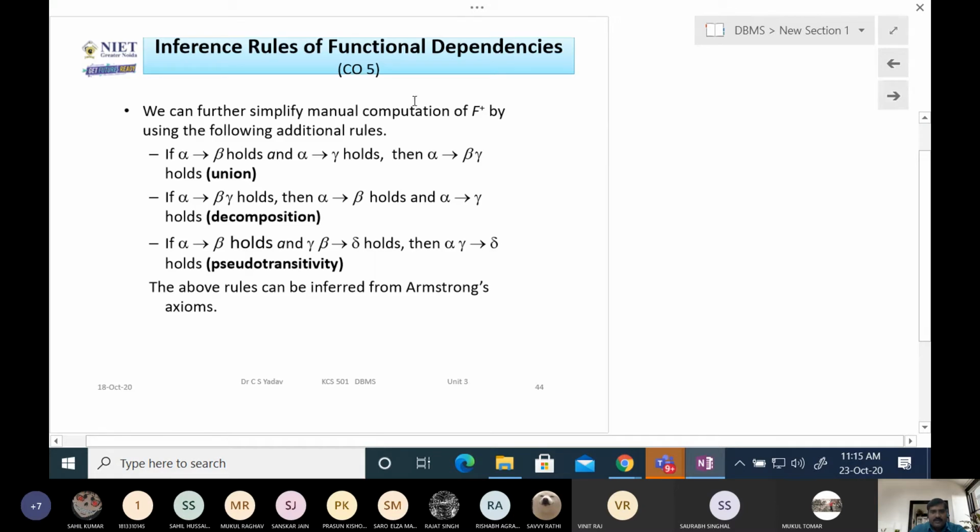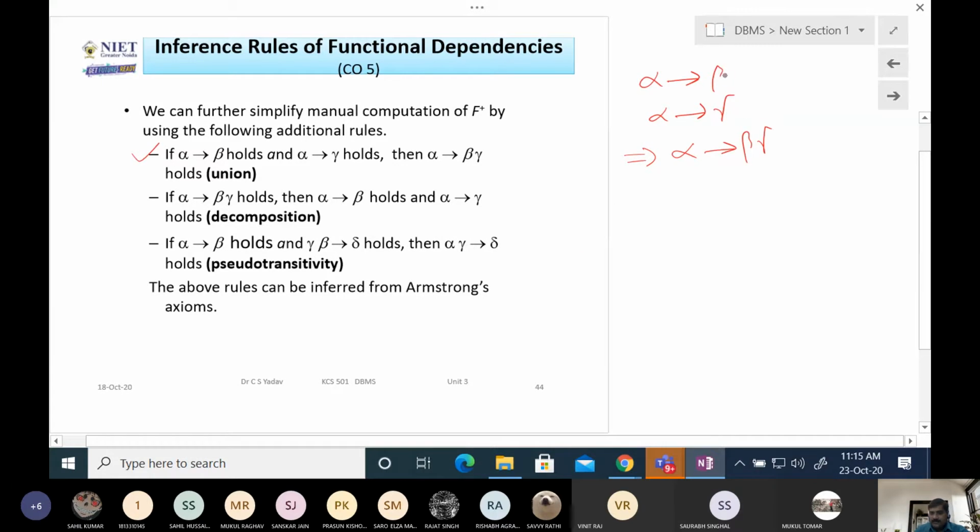Now see here, this is a secondary rule or derived rule, the union rule. In the union rule, if alpha determines beta and alpha determines gamma, then we perform union on the right hand side, and this is true.